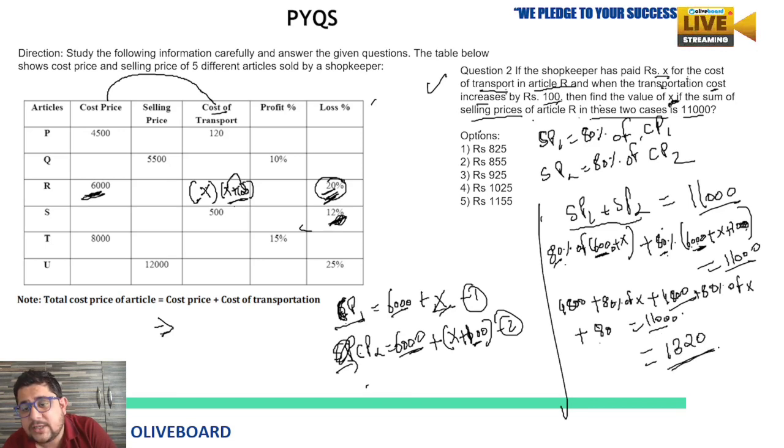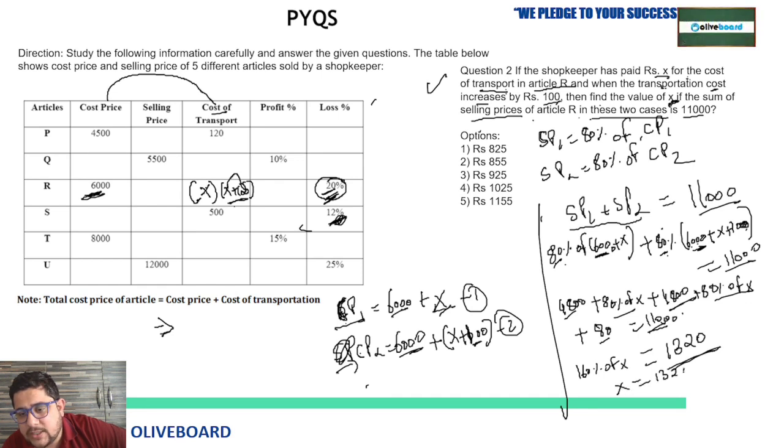11,000 minus 4,800 minus 4,800 minus 80, which means overall we are subtracting 9,680 here. So finally we get 1,320 equal to 2 times 80% of X, that is 80% of X plus 80% of X. So it is going to be 160% of X. So X would be 1,320 upon 160. So 160% you can write as 160 over 100, and the zeros cancel.